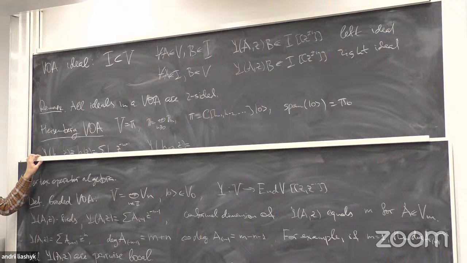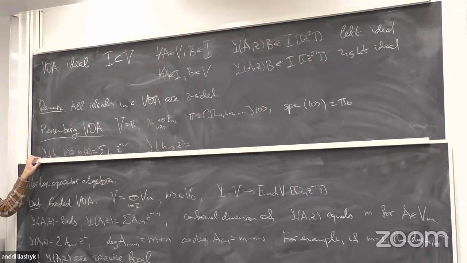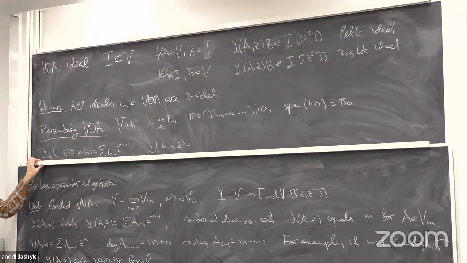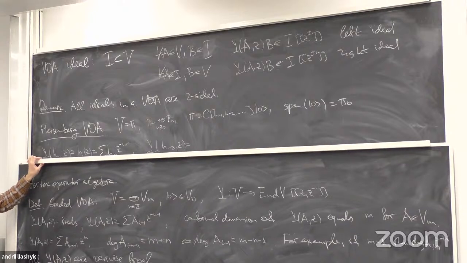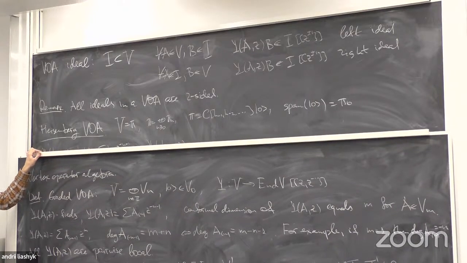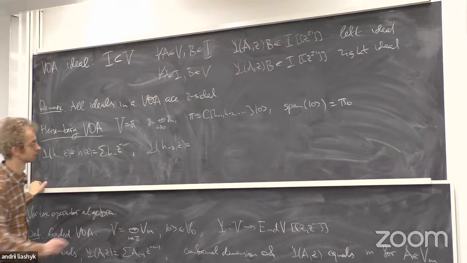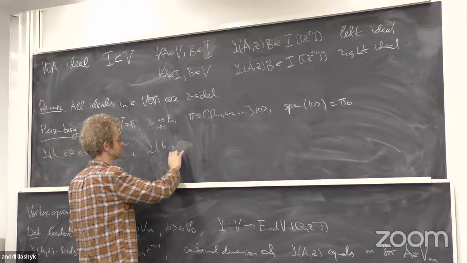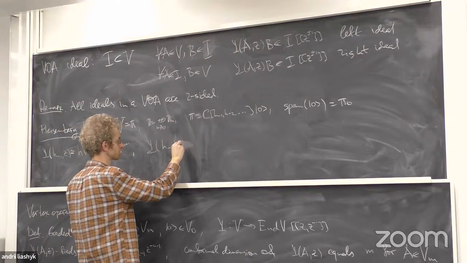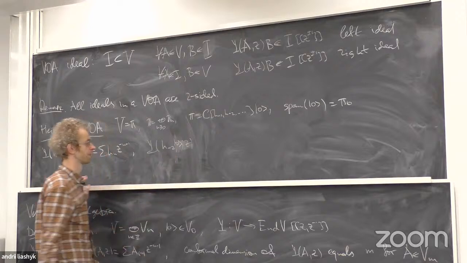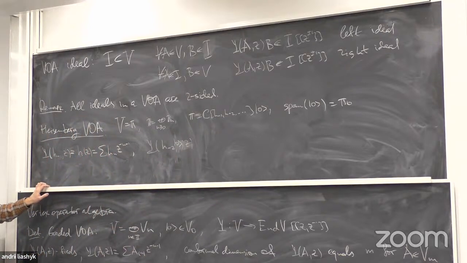So what should it be? Well, we have a field which corresponds to such a vector. So what should be its conformal dimension?